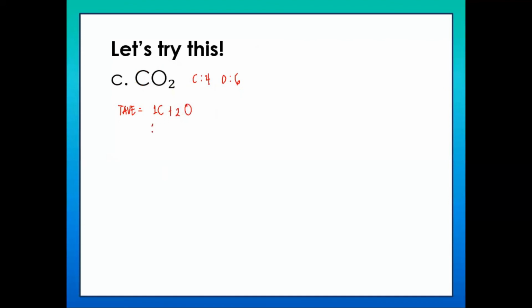Substitute this, 1 times 4 plus 2 times 6. Okay? So, 4 plus 12, add them, you have 16. So, we have to make sure that there are 16 dots in the structure or electrons.